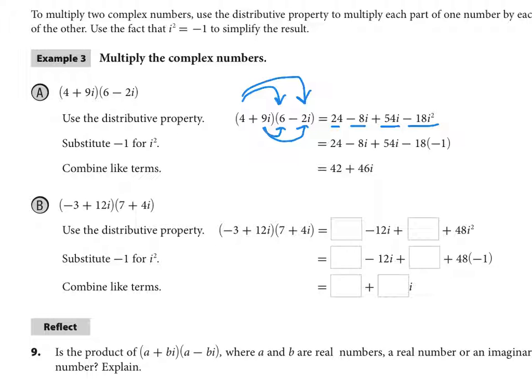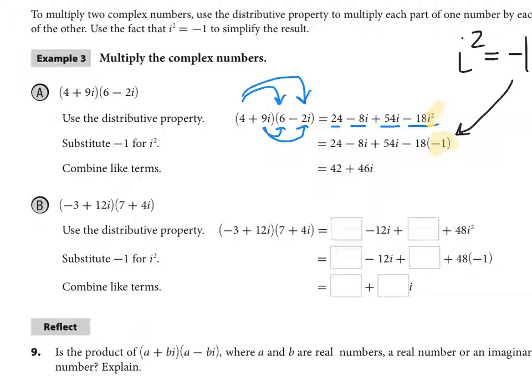Now when you see an i squared, here's our i squared, and we want to substitute in negative 1 for i squared. If you remember from yesterday's lesson, i squared equals negative 1. So we can substitute in a negative 1.